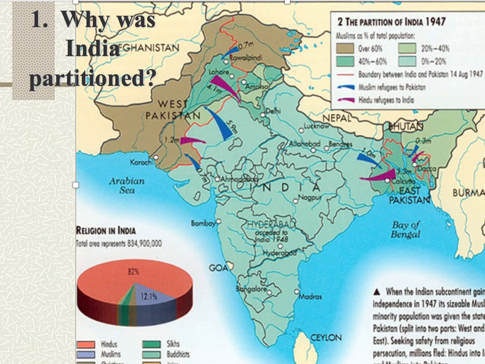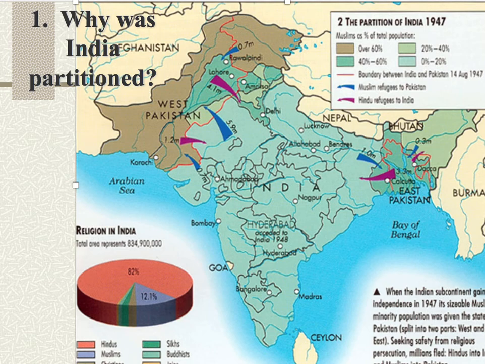And it became clear after World War II that it was impractical for Britain to have such a large empire, and that if Britain was going to be able to rebuild after the war, they were going to have to start giving up their lands. So the Indian National Congress, the INC, wanted Britain to quit India, just wanted Britain to leave, whereas the Muslim League wanted India to be divided and quit.